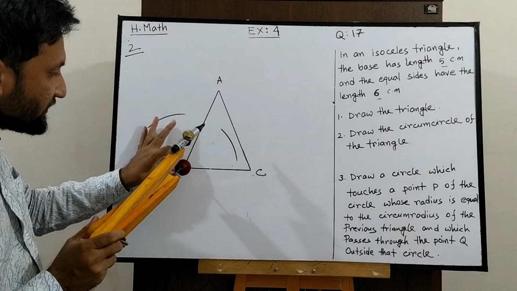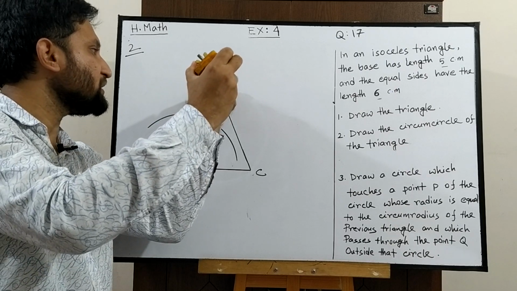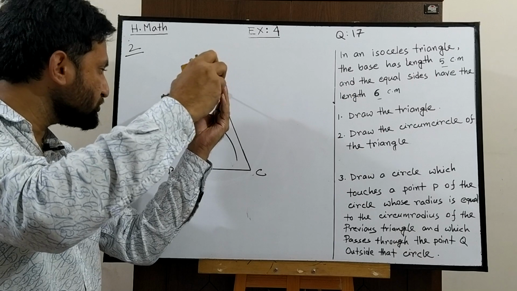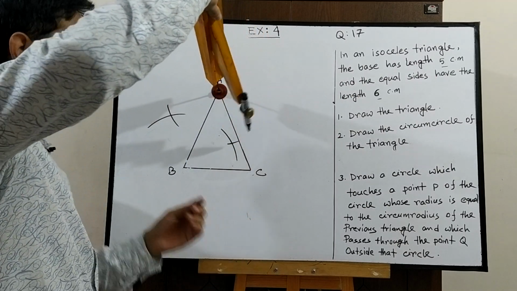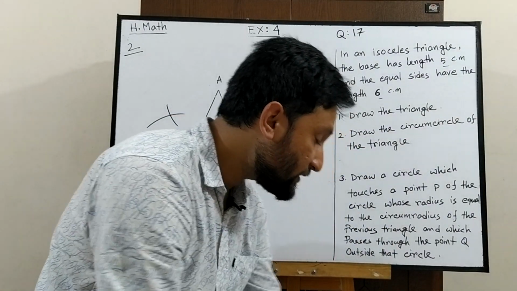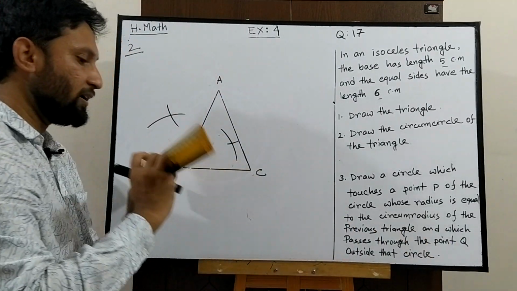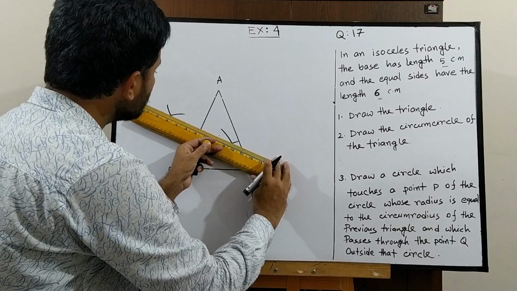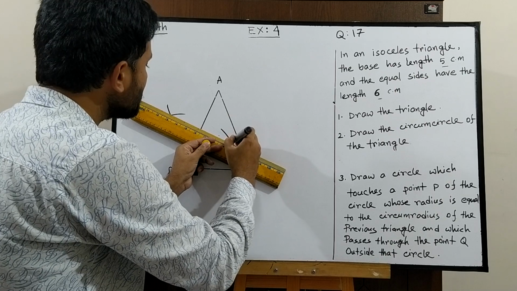Again set the compass on point A and draw another two arcs on the left side and right side. Then join the two intersecting points of both arcs.